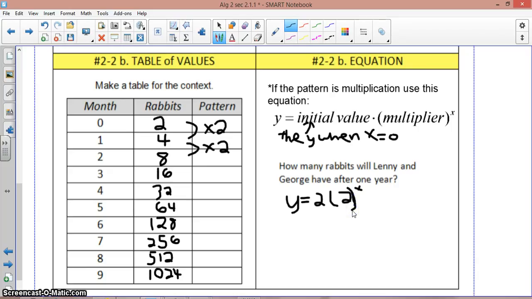So in order to answer the question below, how many rabbits will Lenny and George have after 1 year? Remember, this is in months, and we want 1 year, so there are 12 months in a year. So we have y equals 2 times 2 to the 12th power.